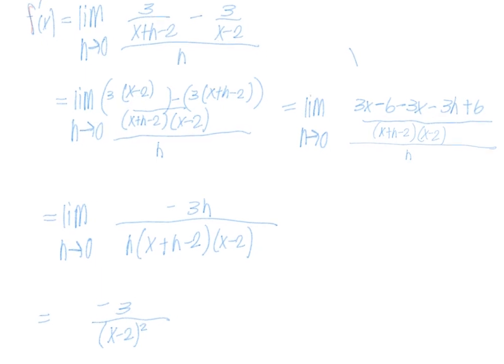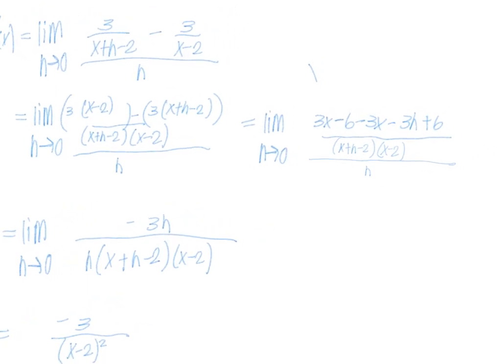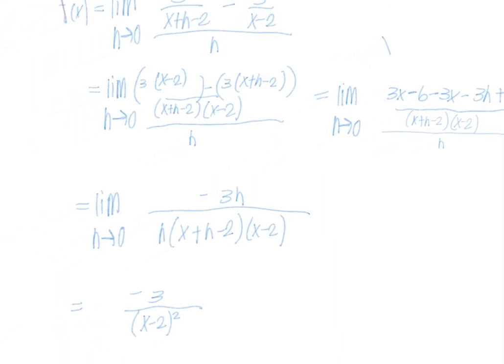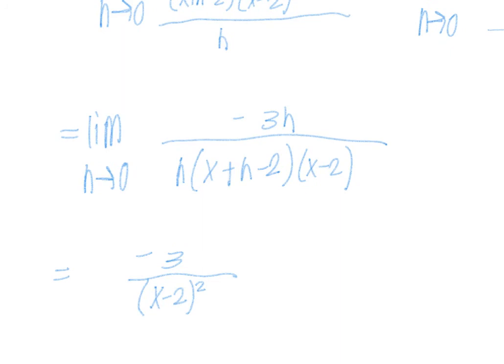So if we evaluated this, which I can now evaluate because the h's cancel, I'll end up with that negative 3 in the numerator, and as h goes to 0, that goes away, right?